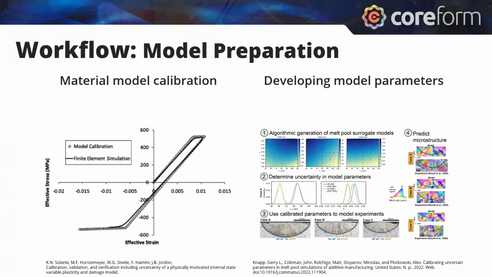So to start off with the workflow for model prep. There are a couple things you're oftentimes going to be doing. You've got some novel material, and you're trying to figure out what kind of plasticity model works well for it. Maybe it's a polymer, and I want to understand the bulk properties of it during compression, and maybe the cycles until it gets to a steady state for aging.